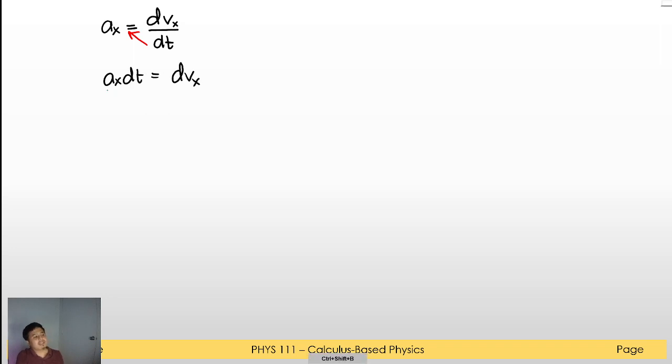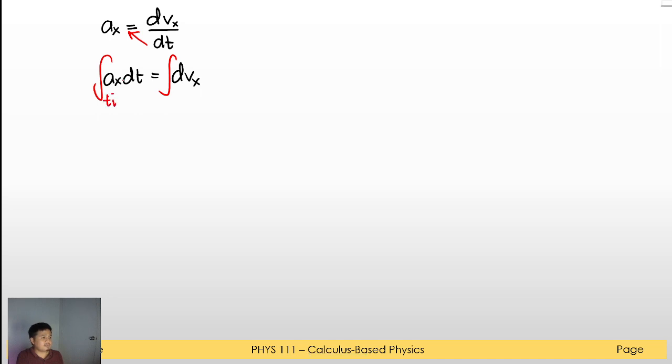And one thing that we said during our assumptions is that the acceleration is constant. So we can just integrate this directly. We can factor out the constant here, so that we are only integrating for dt and for dbx.